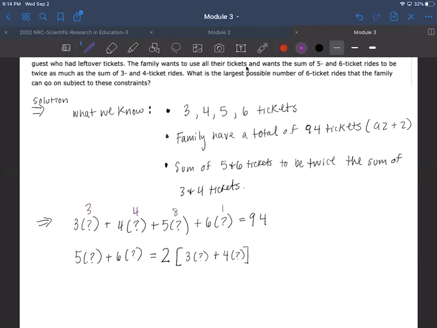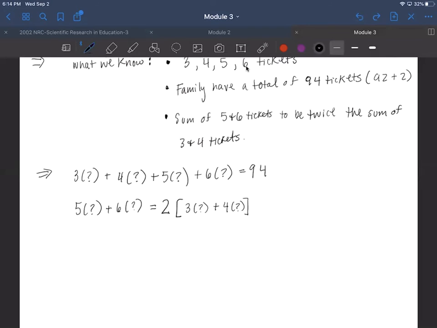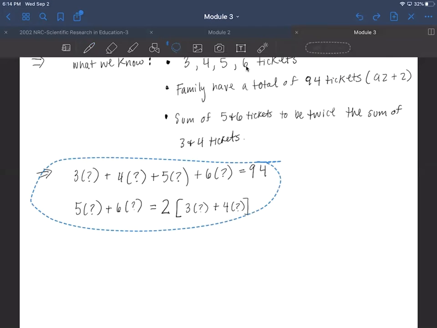That could possibly sum up to 94, but I don't know. Or maybe if I have 4 tickets here, 5 tickets there, 2 of them there, and 3 of them here, I can maybe get a total of 94. But we don't know that. So instead of trying to guess and figure it out, let's use a system of linear equations.